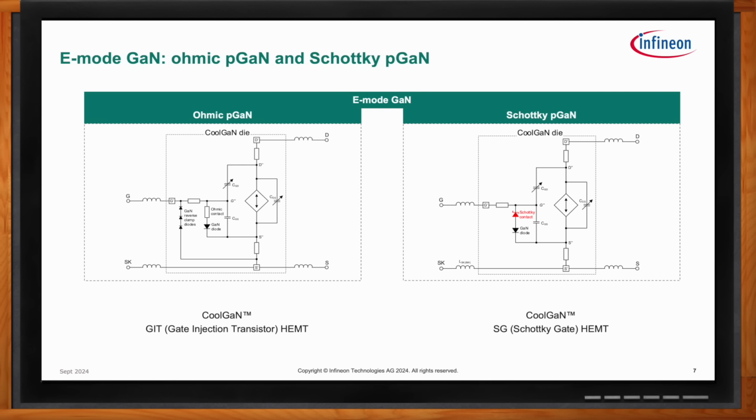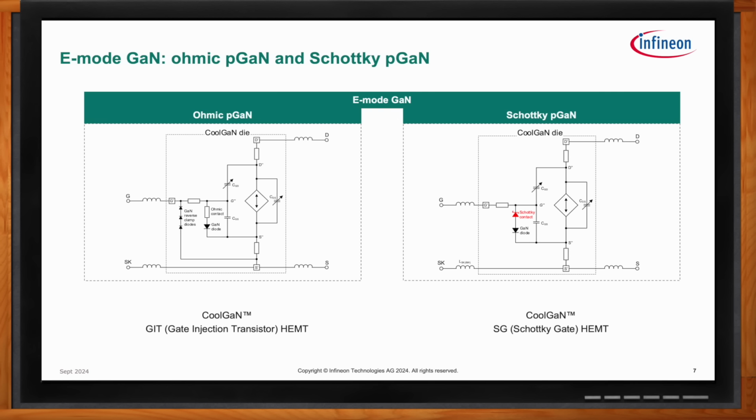And then, very similar to silicon devices, CGS, CGD, and CDS, which are the parasitic gate-to-source, gate-to-drain, and drain-to-source capacitances respectively, represent the parasitic capacitances of the device. The resistor at the gate terminal is the internal gate bus resistance.